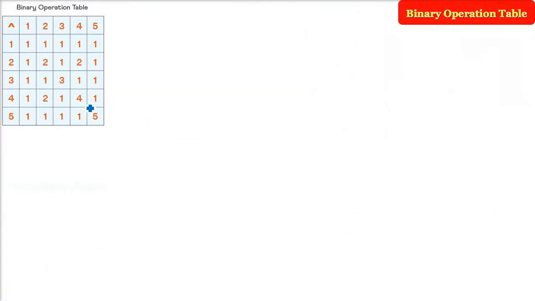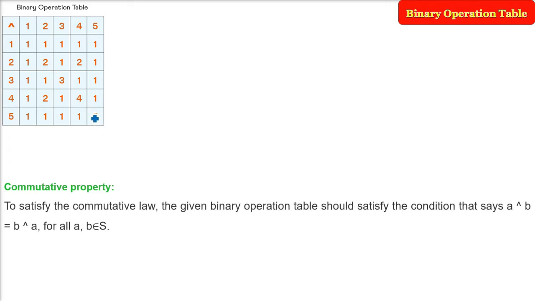The next property we will try to ponder upon is the commutative property. So commutative means A cap B should be equal to B cap A. Okay, we are changing the position of A and B. So let us take A as 3, B as 4. You can take any value. I'm just taking A as 3, B as 4.